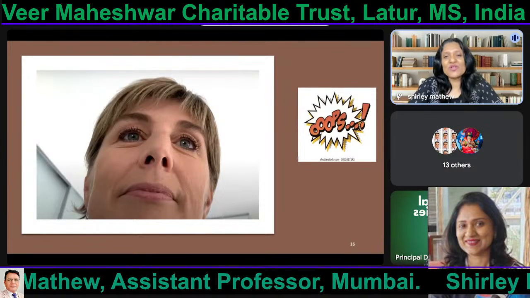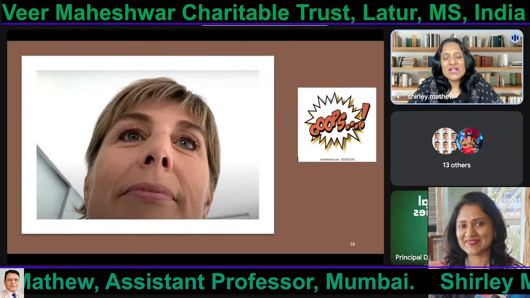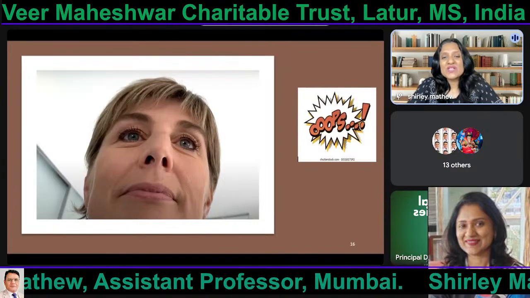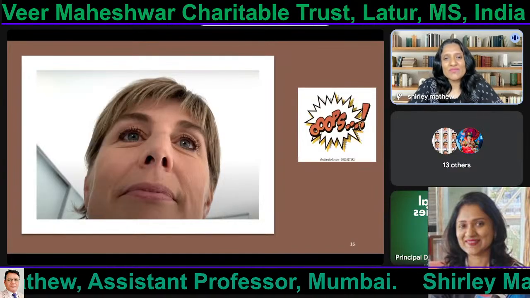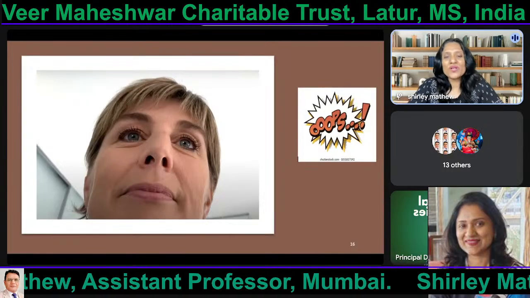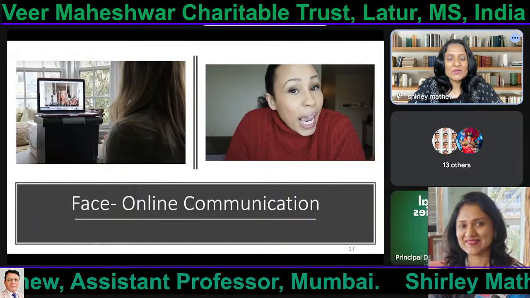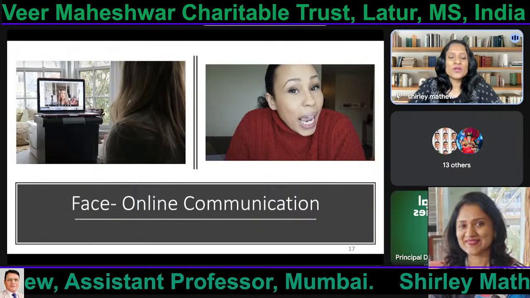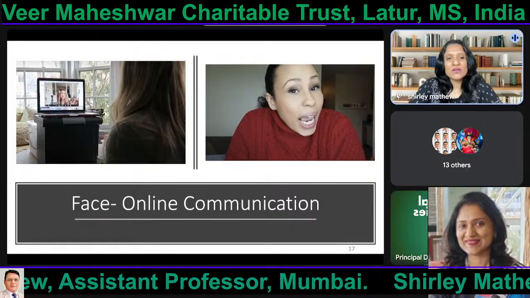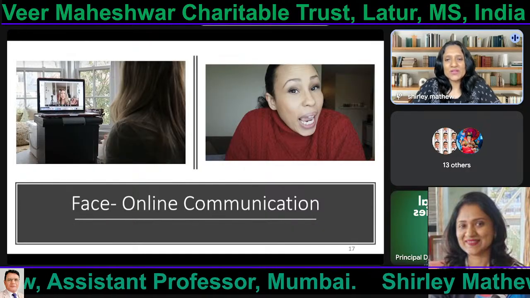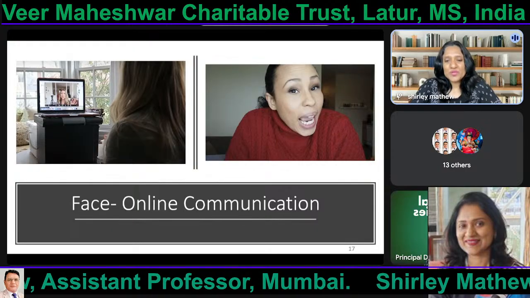So we have to be careful in online communication that the face is of course well lit and seen properly, but at the same time the angle is also right, not at a very awkward position for everybody to see. Okay, so it's a good idea to sit at a place where the lighting is good and distance yourself a bit so that you're not too close to the camera and in a very awkward position.